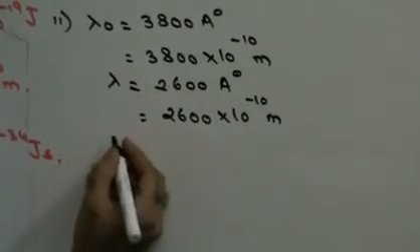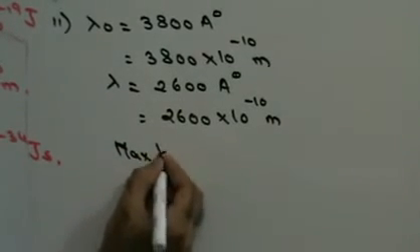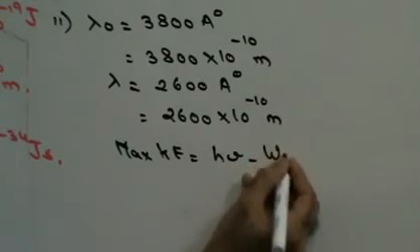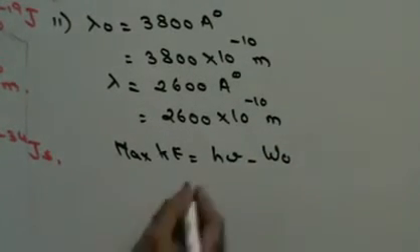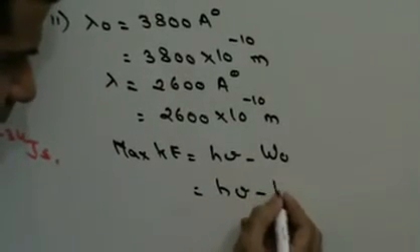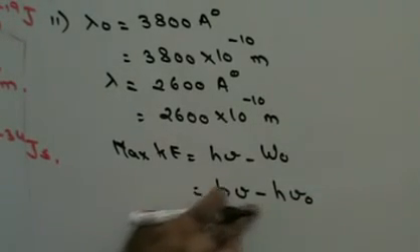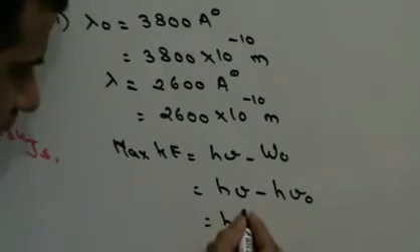Now guys, by Einstein's equation I can say that maximum kinetic energy is equal to hv minus work function, right? But v is nothing but c upon lambda. Before that I can say that work function is hv0. Work function is nothing but Planck's constant into threshold frequency, h common.